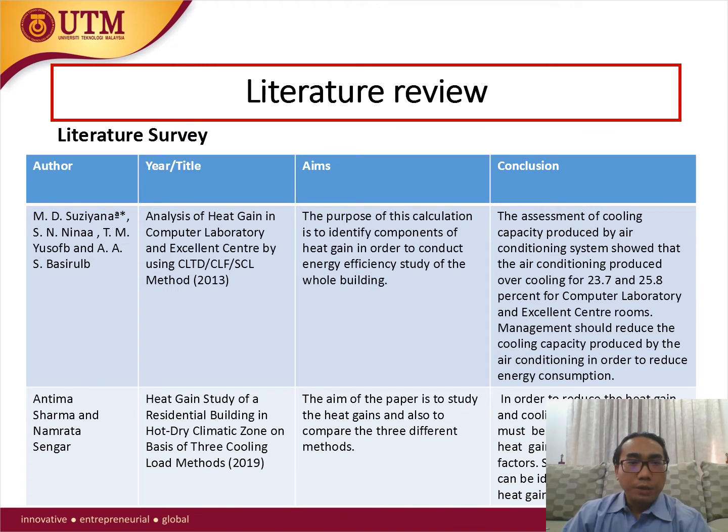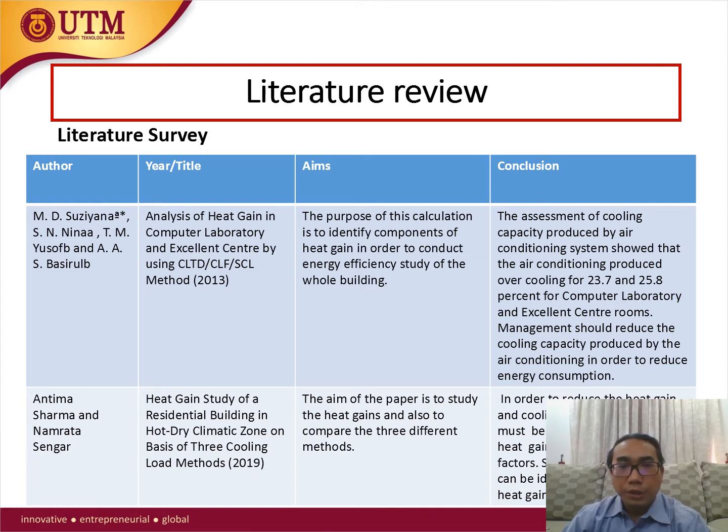For literature survey number 3, the title is Analysis of Heat Gain in Computer Laboratory and Excellence Center by using CLTD, CLF, SCL method, done by MD Suziana and friends. The purpose of this calculation is to identify components of heat gain in order to conduct an energy efficiency study of the whole building.